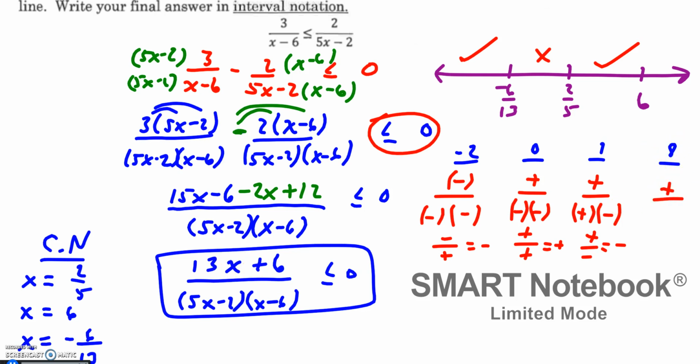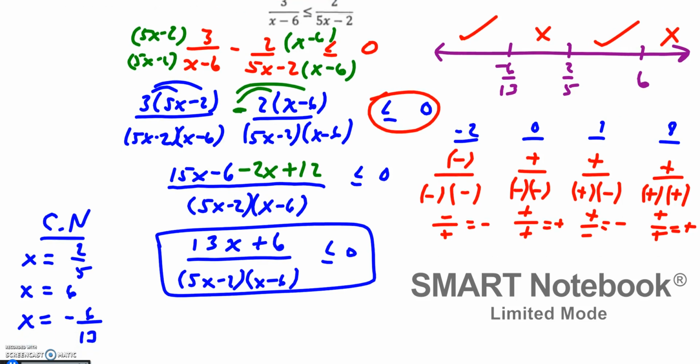Positive into the numerator, positive into the denominator, positive into this denominator, positive divided by positive is positive, which means this is not true. So again, I noticed a few of you on the test did have this correct, but did not actually answer the question in interval notation. So please be careful about that on this upcoming test, if this question is on there.